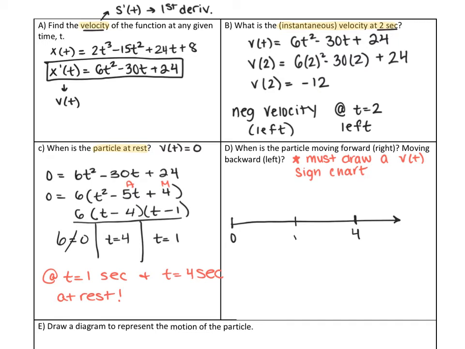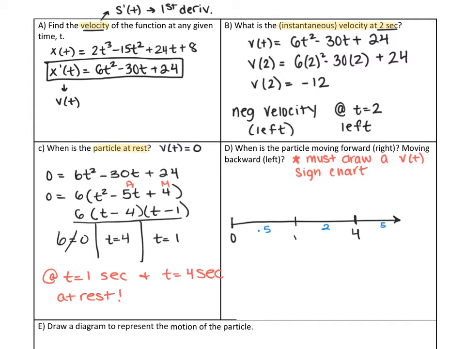The number that I'm going to choose between 0 and 1, we'll say is 0.5. And then between 1 and 4, let's say 2. And then a number greater than 4, I could choose 5. You can pick any numbers that work that are in between these values.